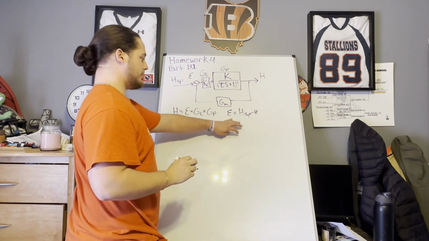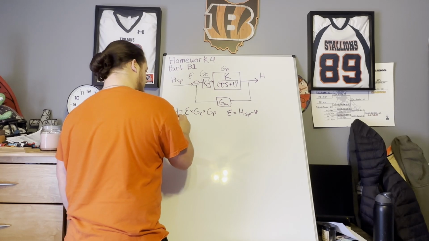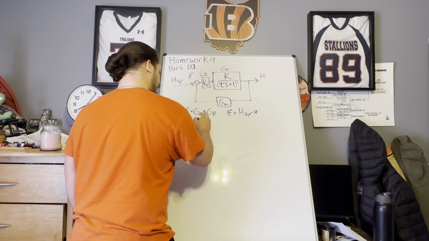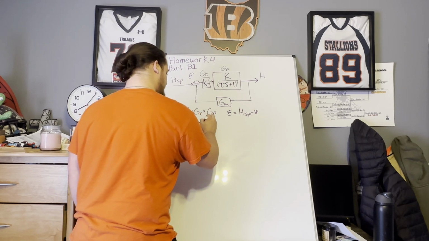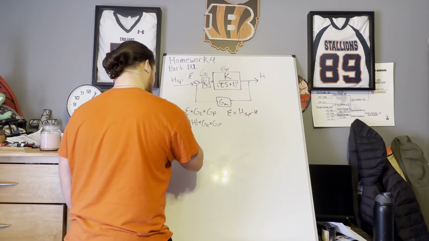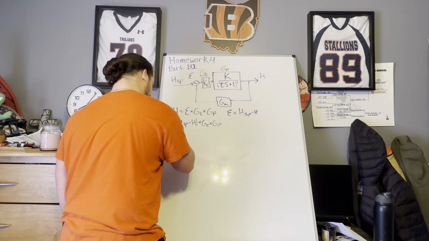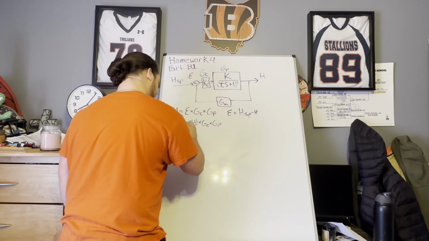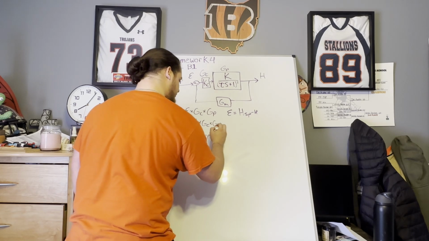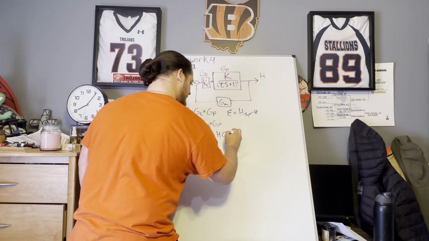So replacing this into our height expression, we get that H is going to be equal to our HSP minus H, and then this will be times GC times GP. And doing some simple algebra, we can write that our height is going to be equal to HSP times GC times GP, subtracting our H, GC, GP.